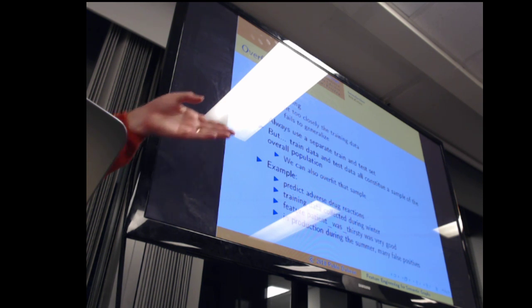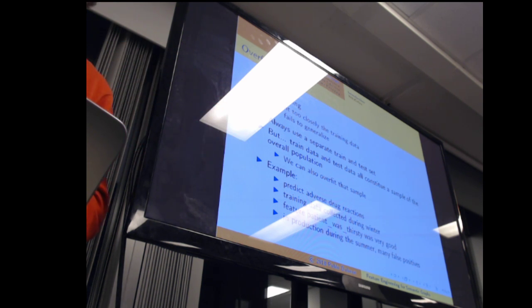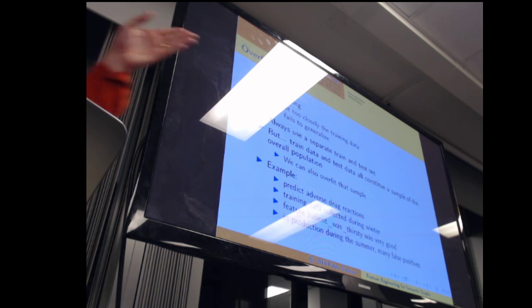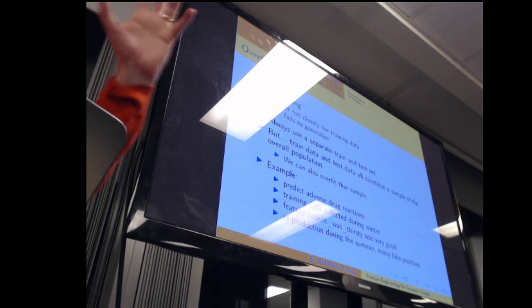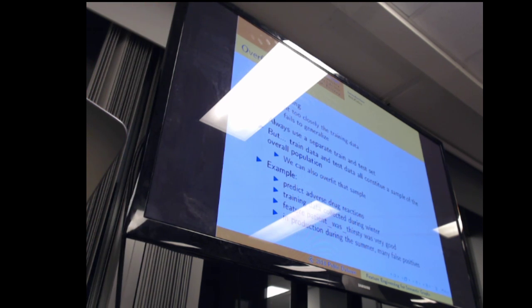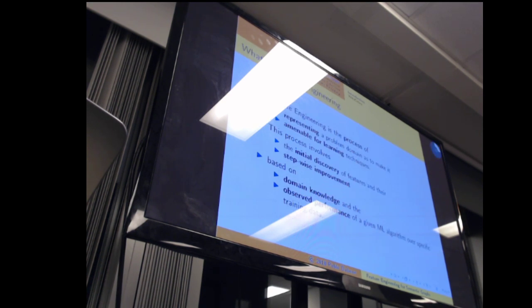For example, if you're trying to predict adverse drug reactions, and the training data was all collected during the winter, and you find out that the feature that the patient was thirsty is a very good feature, then when you run this during the summer, you will end up having a lot of false positives. So from that perspective, there is no real silver bullet when you are trying to avoid overfitting.